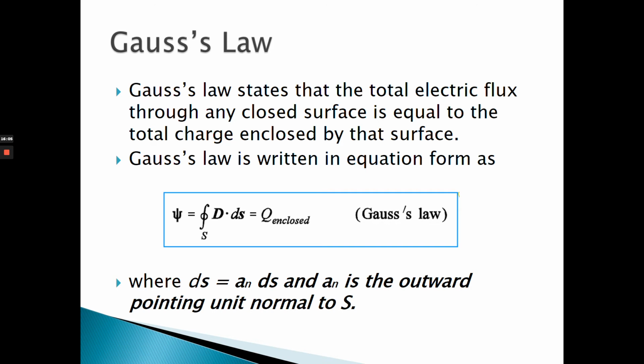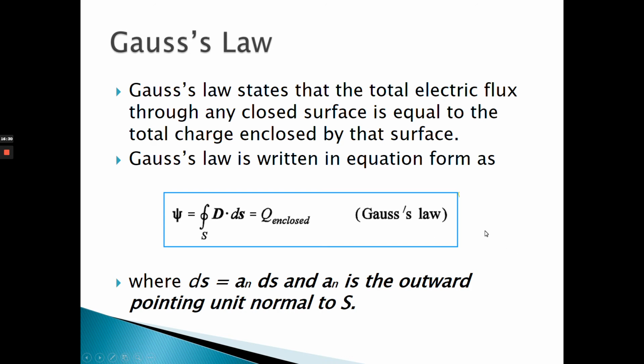But the Gauss correction to Faraday's law is that the total charge will be equal to the total flux only if the surface is enclosed, meaning it doesn't have an infinite length.